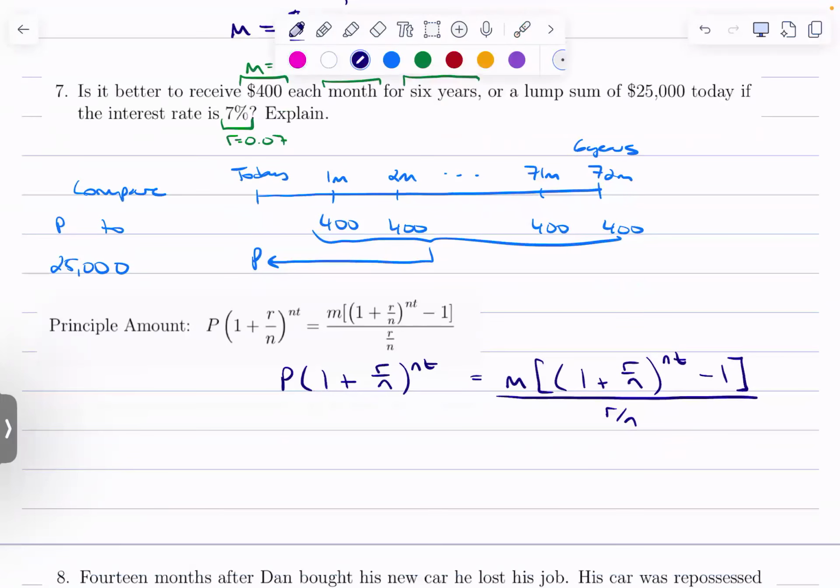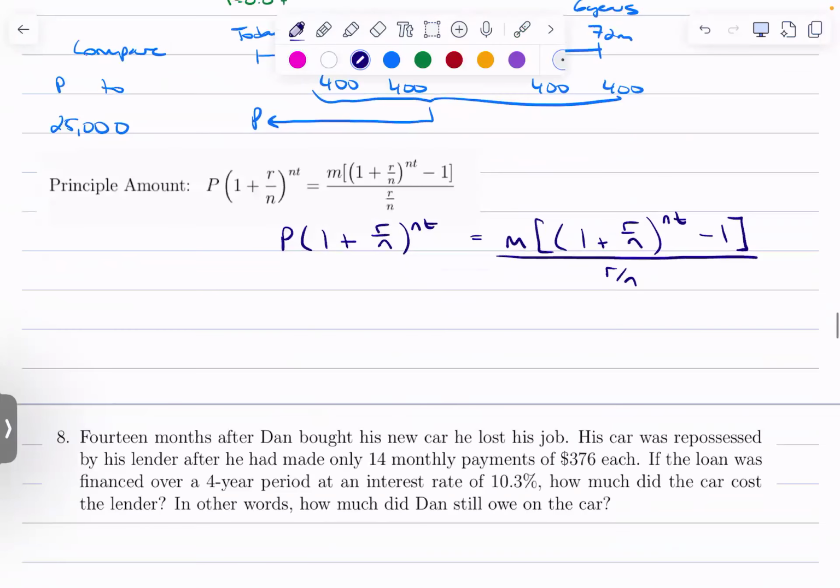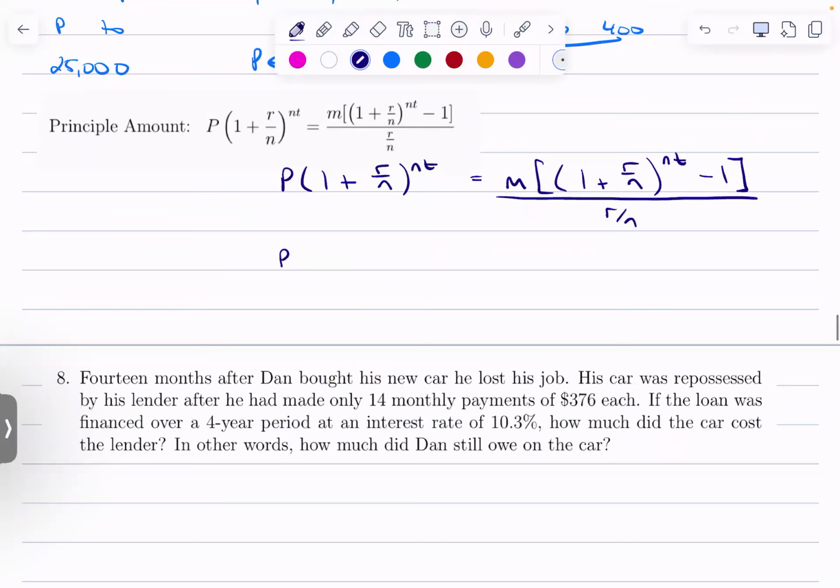So, plugging in our numbers, here we go.